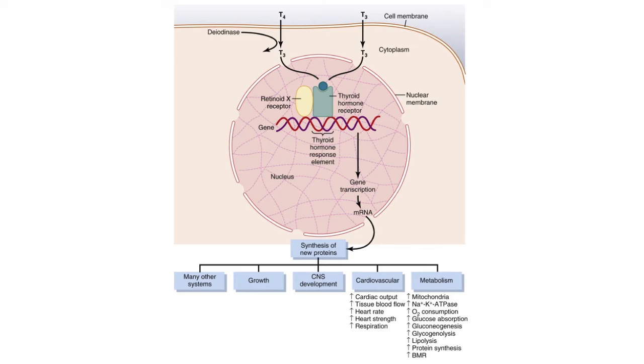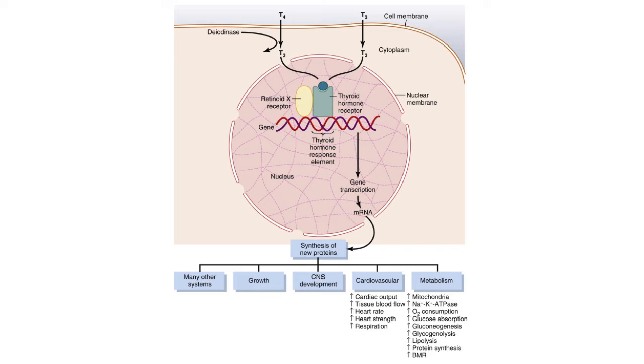What this shows is that these two receptors are co-receptors, which means that for thyroid hormone to exert its effect, the retinoid X receptor must be activated also by binding of vitamin A. And so, to produce thyroid effects, you need ample amounts of vitamin A.